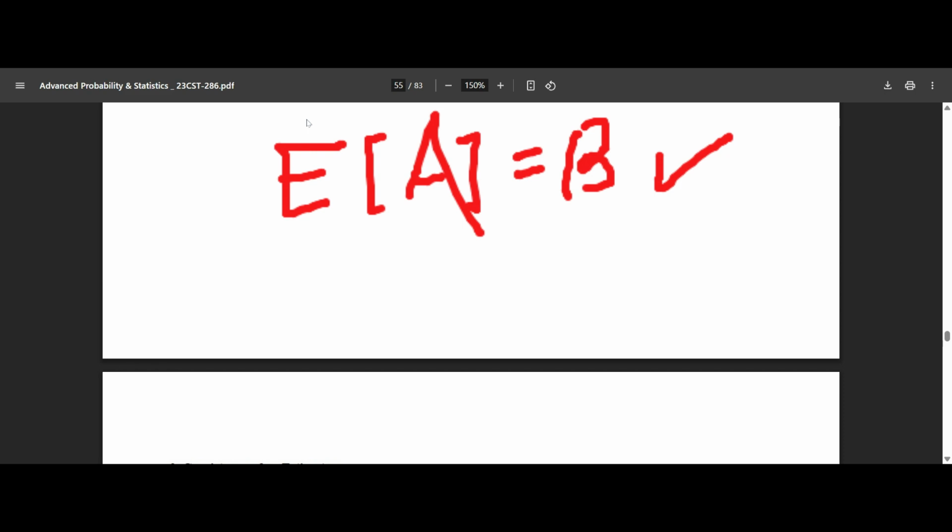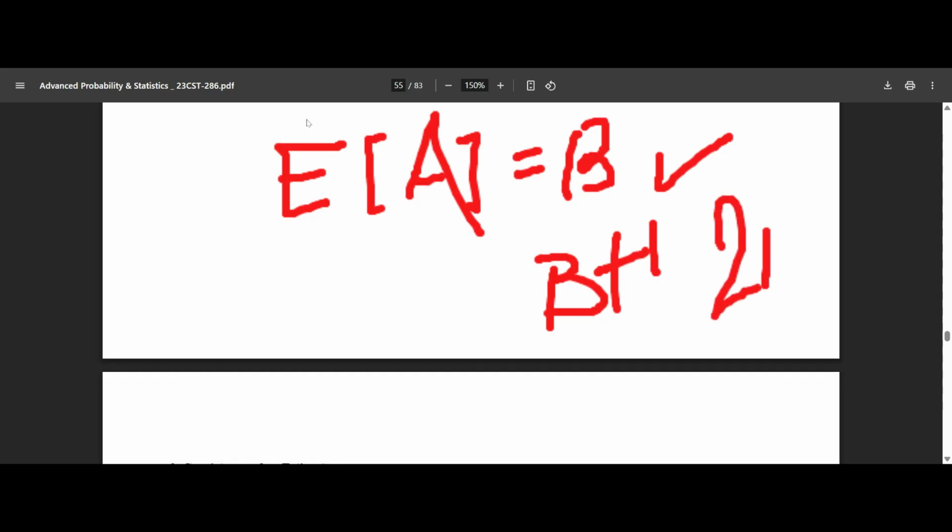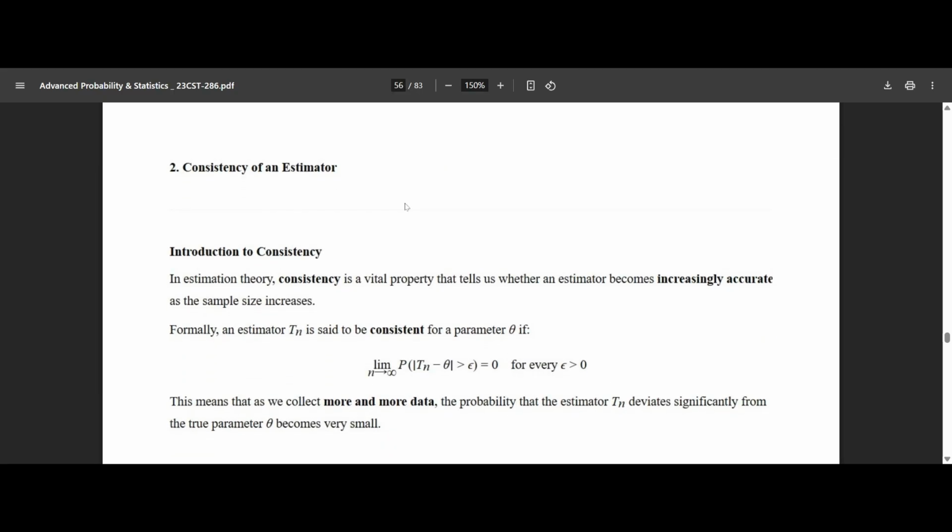Okay, this is basically the entire notion of unbiasedness. But if it comes out to be B plus 1 or 2B after solving the sum, then it is not correct. Then it will be incorrect. That means the estimator is biased. Okay, so that's all about unbiasedness of an estimator. Up next we have consistency.